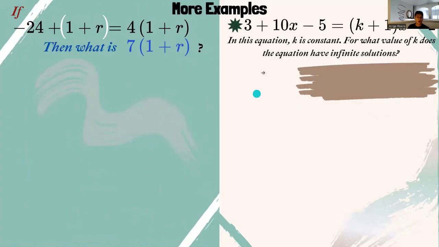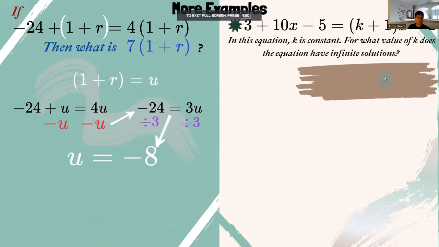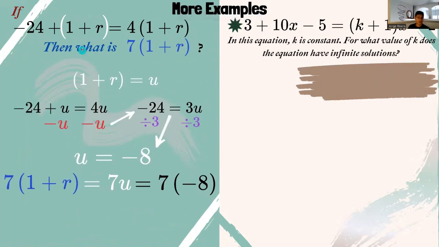Okay, so let's go over some more examples. I'm not going to go over this one because it's pretty self-explanatory. You can just substitute 1 plus r for u, plugging in u for each one of these to make it simpler and less bulky. Negative u, and then it gives us the equation negative 24 is 3u.